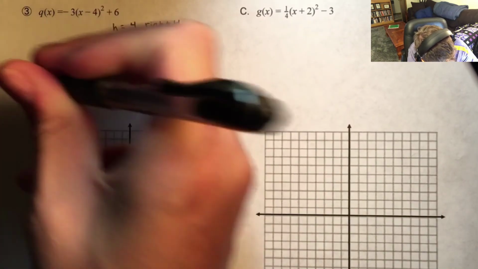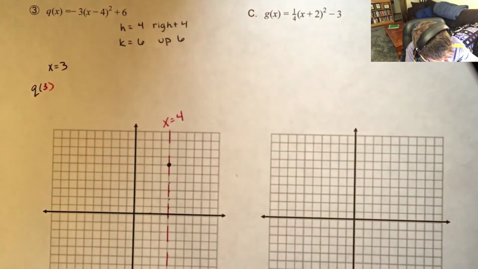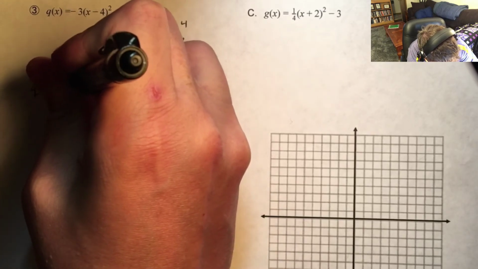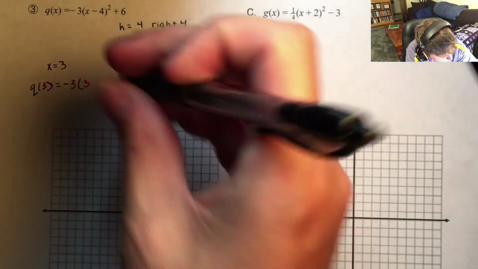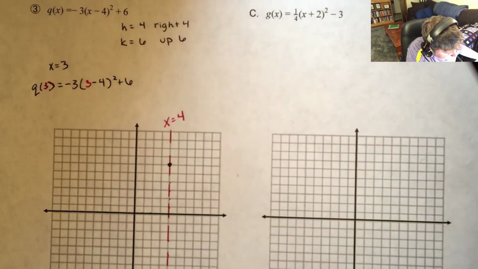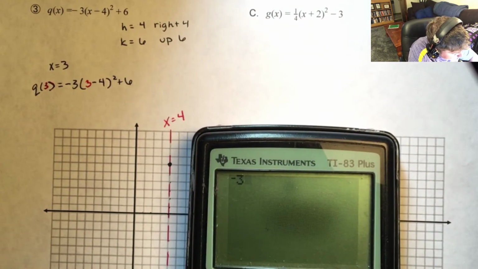Say q of 3 is equal to -3 times (3 minus 4) squared plus 6.